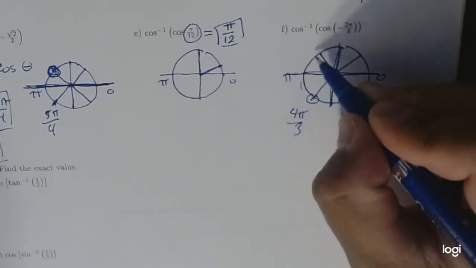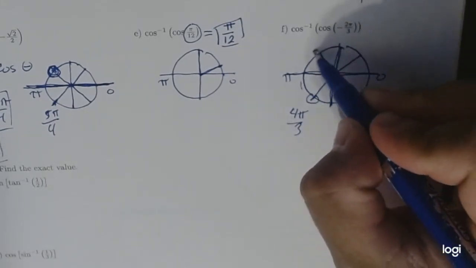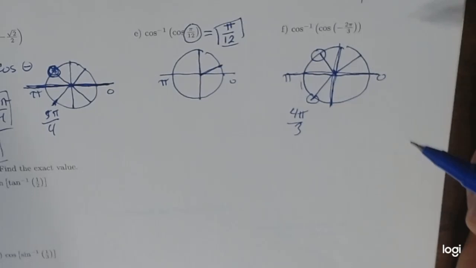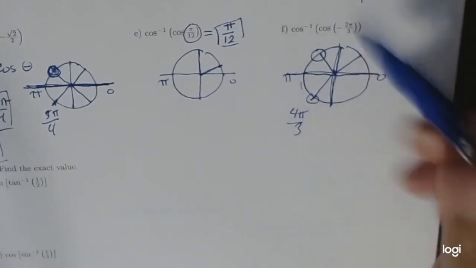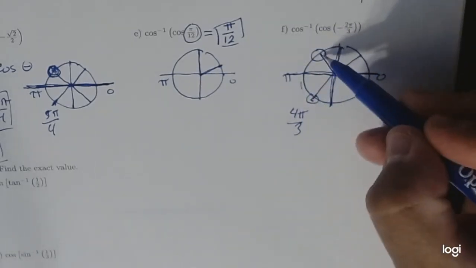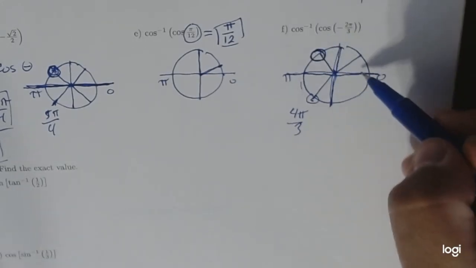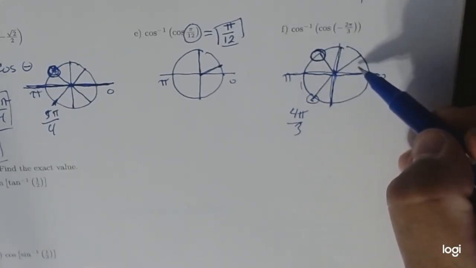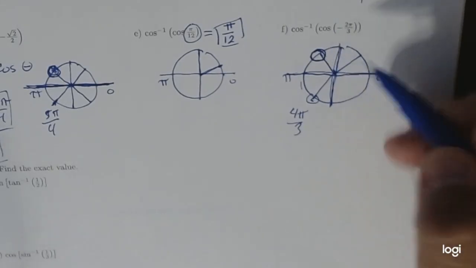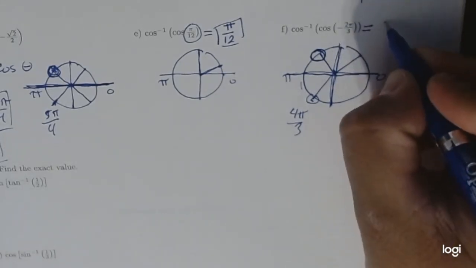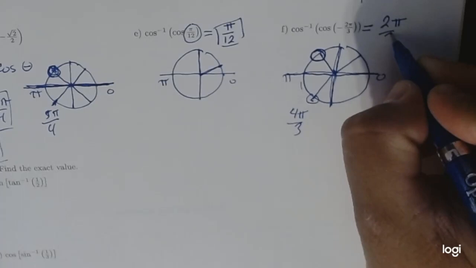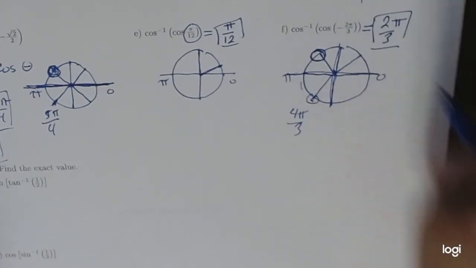And hopefully you can see now, it would land right there. If I literally fold it in half this way, it would touch here. So the question now becomes, what is this point? Well, we just talked about this, it's 2 pi over 3. So essentially, this ends up being 2 pi over 3 in the inverse of cosine.